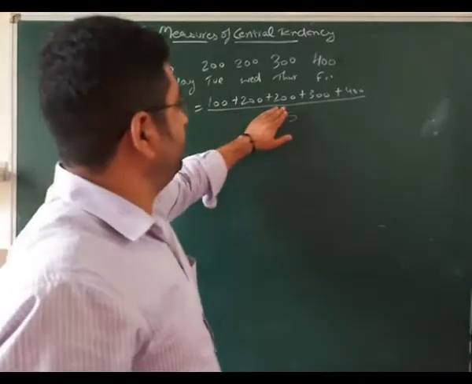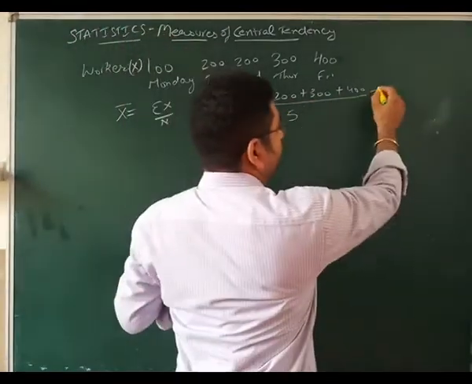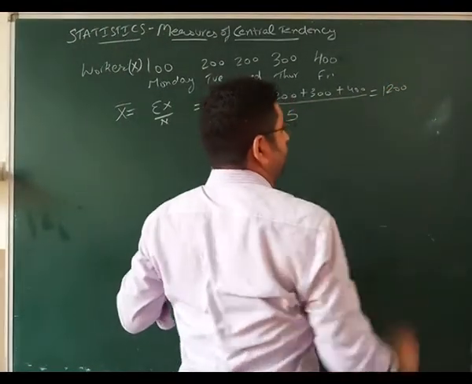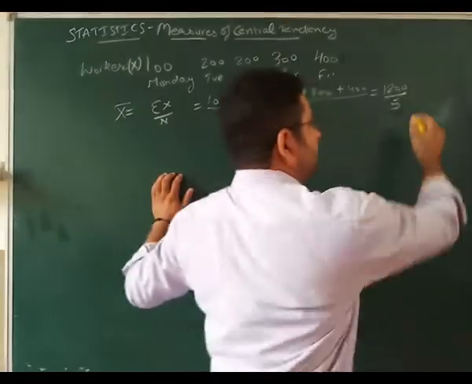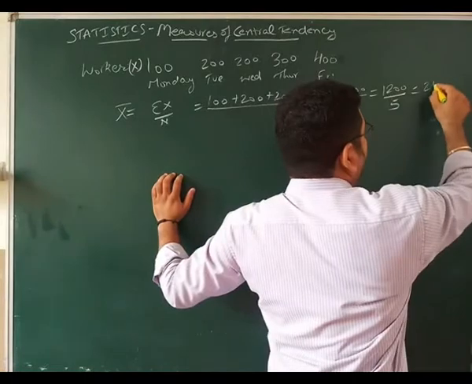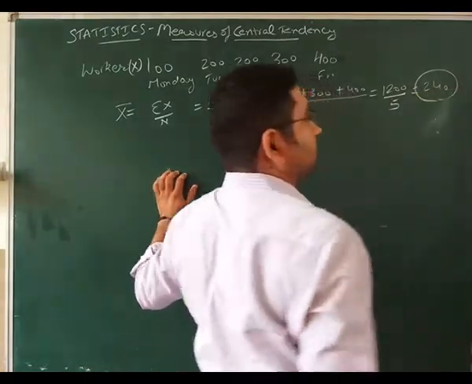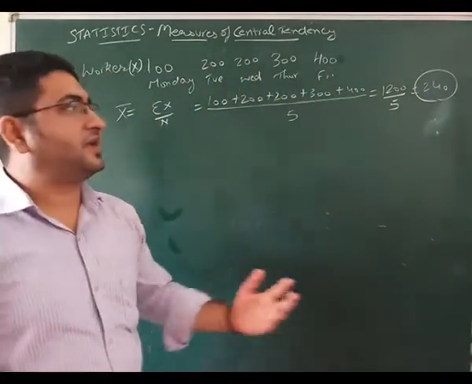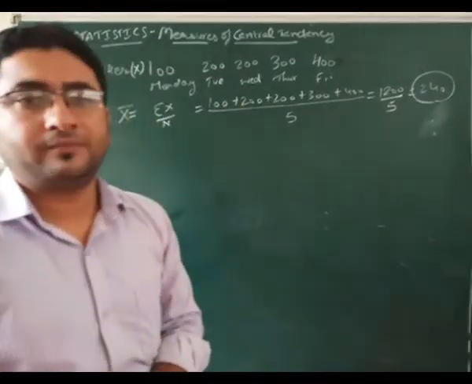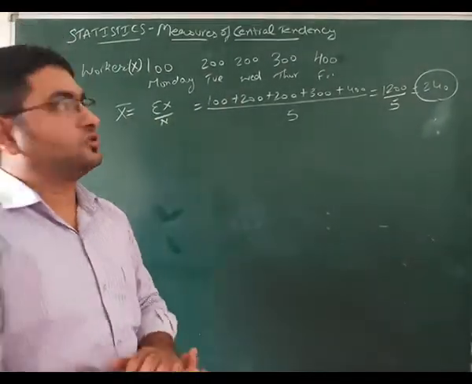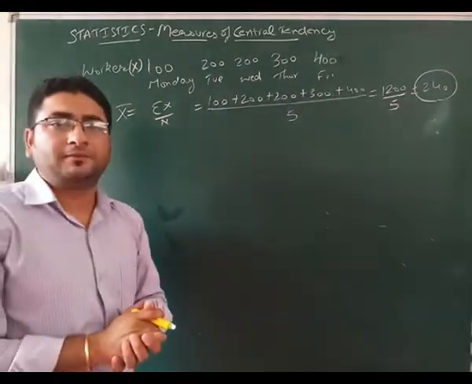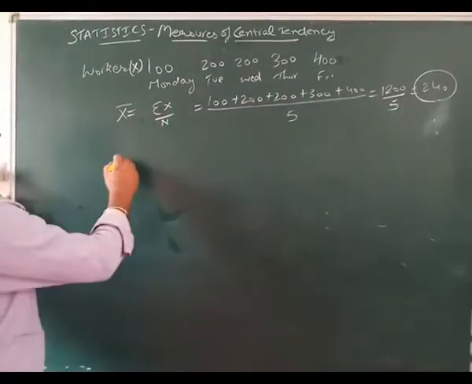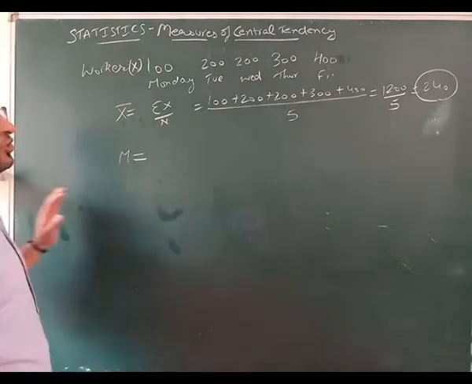So 1200 rupees he has earned in 5 days. Arithmetic mean says that on an average, on a daily basis he earns 240 rupees. That is, on average he earns 240 rupees every day. Clear? Now let us see what the median will be over here.